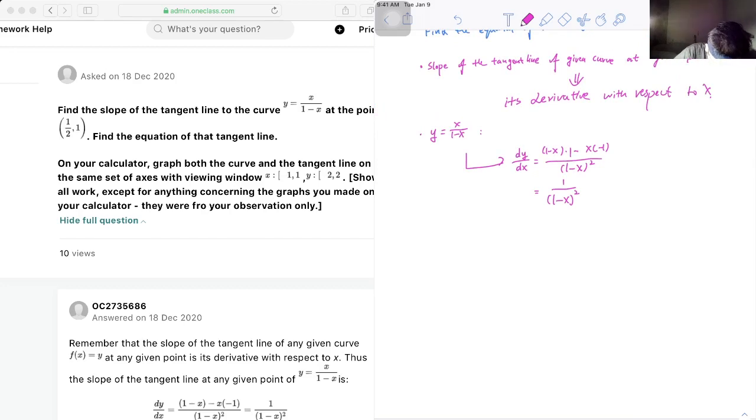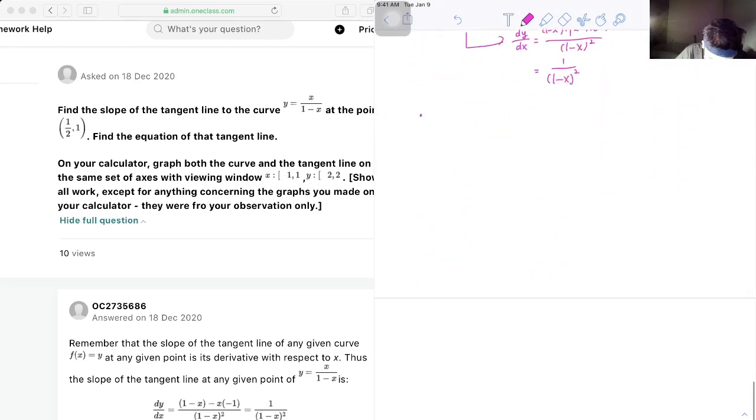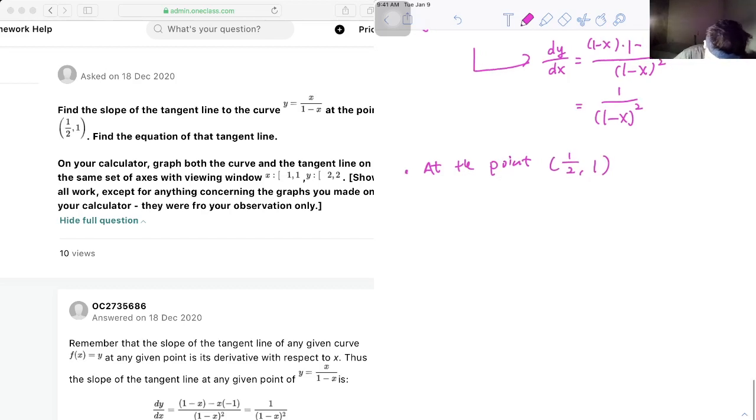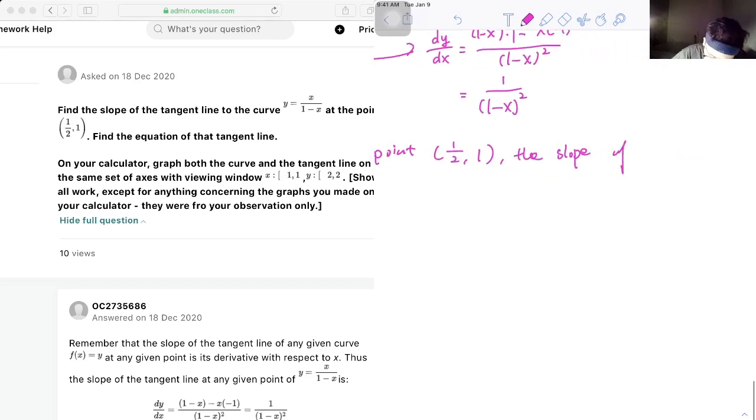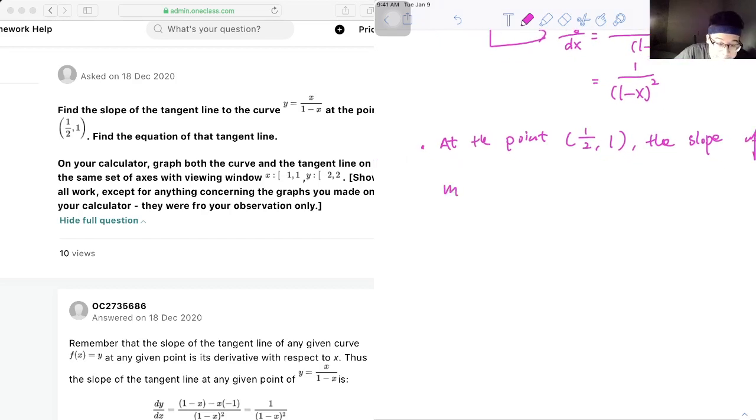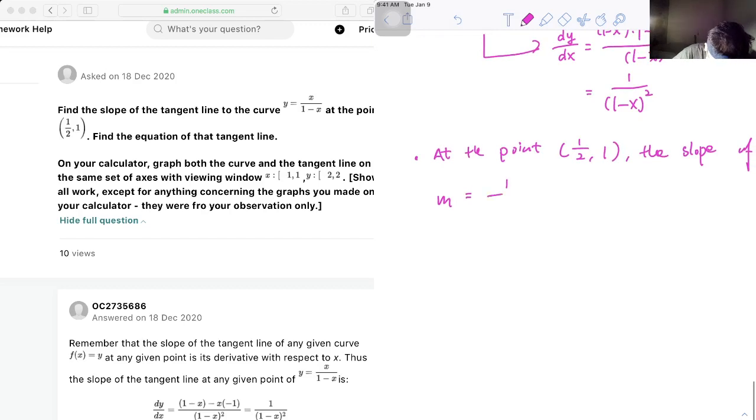Okay, so the point is 1 over 2, 1. At this point, the slope of the tangent line m is equal to 1 over 1 minus 1 over 2 squared, because we just substitute x by 1 over 2.